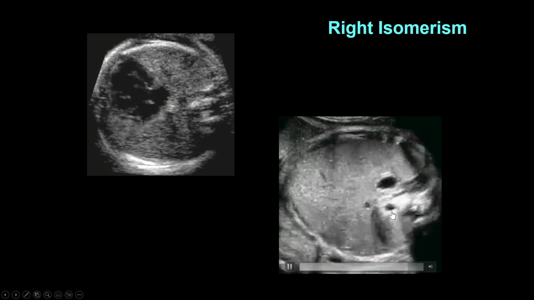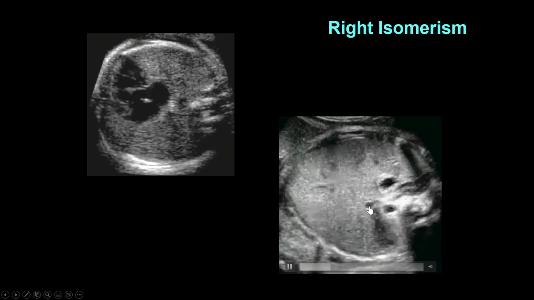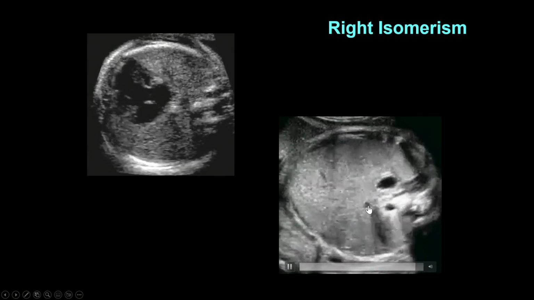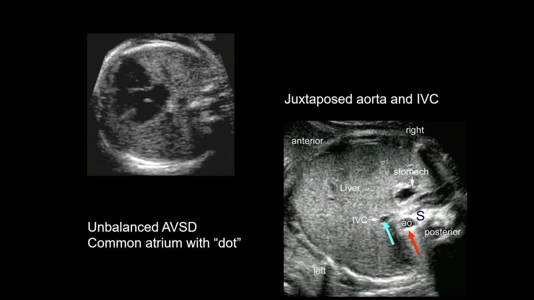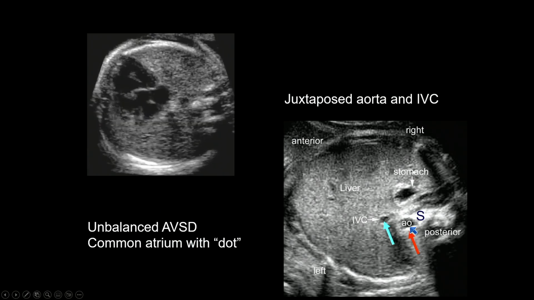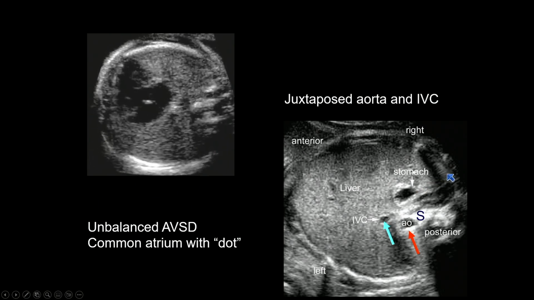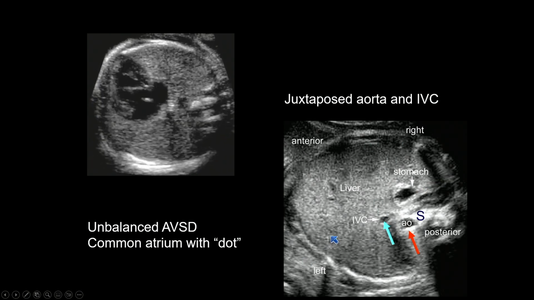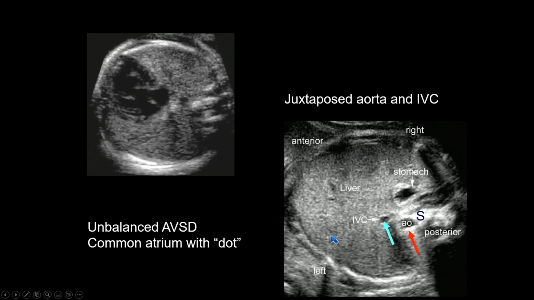On the right side, that's the aorta, and this is actually the juxtaposed IVC, so not interrupted, but in the wrong position. So an unbalanced AVC combination with a dot sign, and here I labeled it: the aorta, IVC, and the stomach, and the liver is transverse, spans the whole tummy.